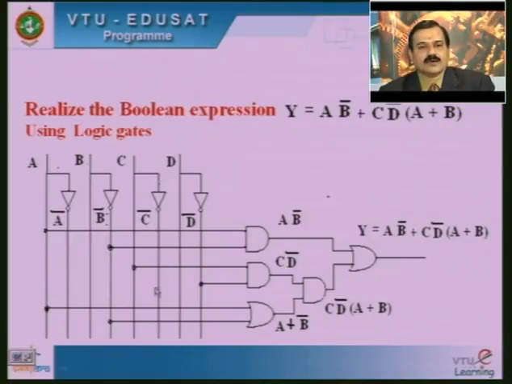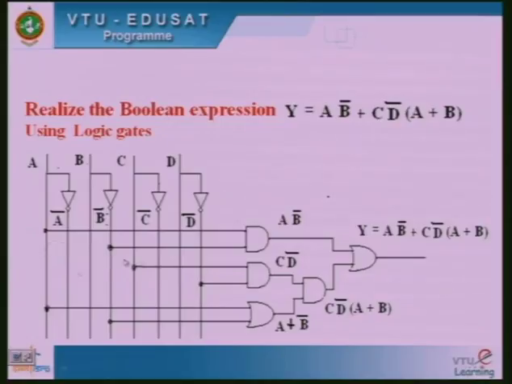Similarly D is taken as one input, and the complement of D is achieved through this NOT. So on these 8 lines, the values A, A bar, B, B bar, C, C bar, D and D bar are available.